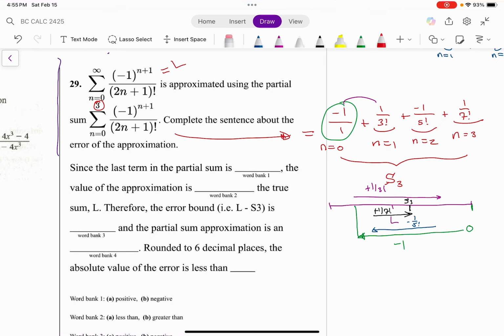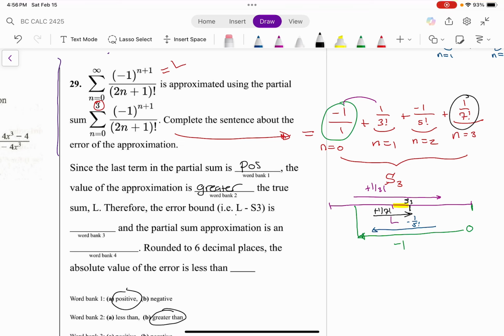The last term in the partial sum is positive. So the value of the approximation in this case is greater than the true sum. You can tell that from the diagram, but you don't need the diagram. We just know that since the last term is positive, it's greater than the true limit.